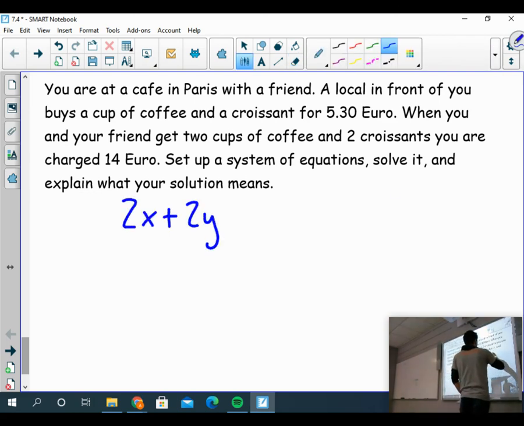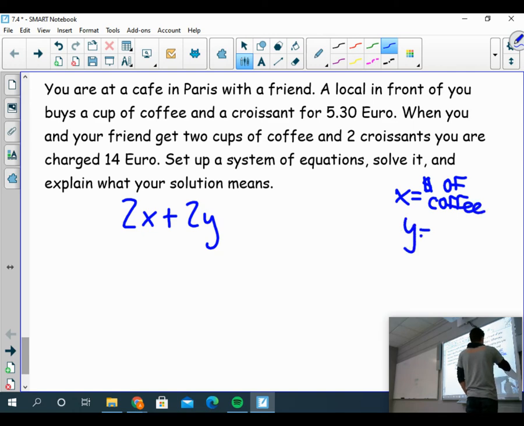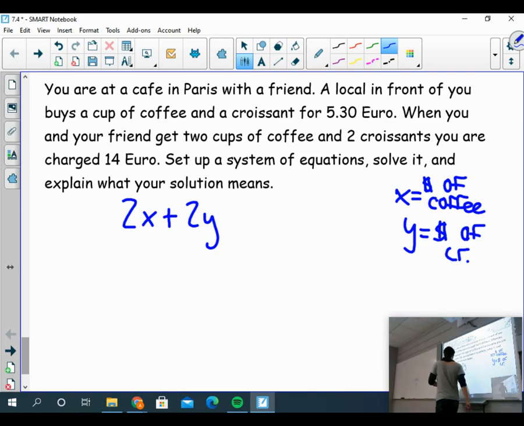Say X is coffee, specifically the cost of the cup of coffee. We could say Y is the cost of a croissant. Notice it's not the number of croissants and the number of cups of coffee, because that's already illustrated in the coefficients, the 2 and the 2.